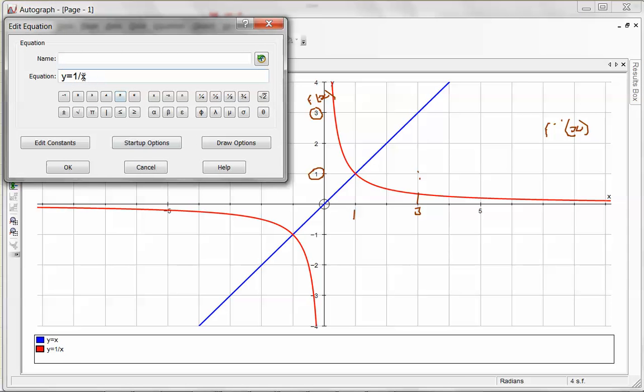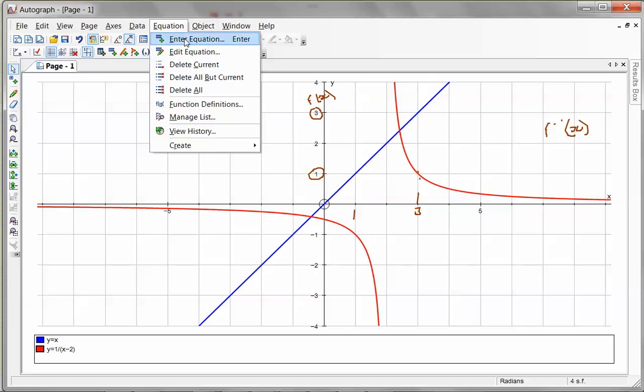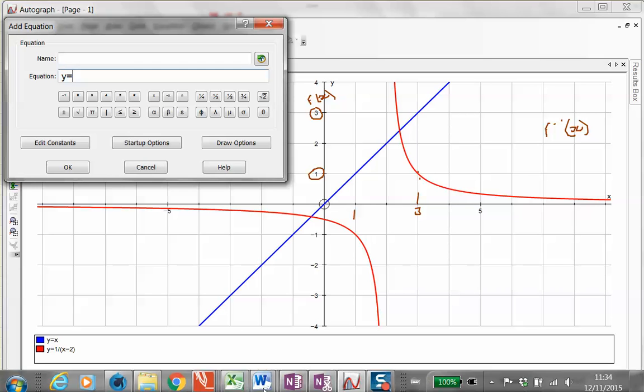What if I have 1 over, and I put brackets in, x minus 2, for instance. Let's do that one. It's a bit different. This time, this is not a self-inverse function. So what do you think the inverse function of 1 over x minus 2 is? Have a go, write it down, work it out.